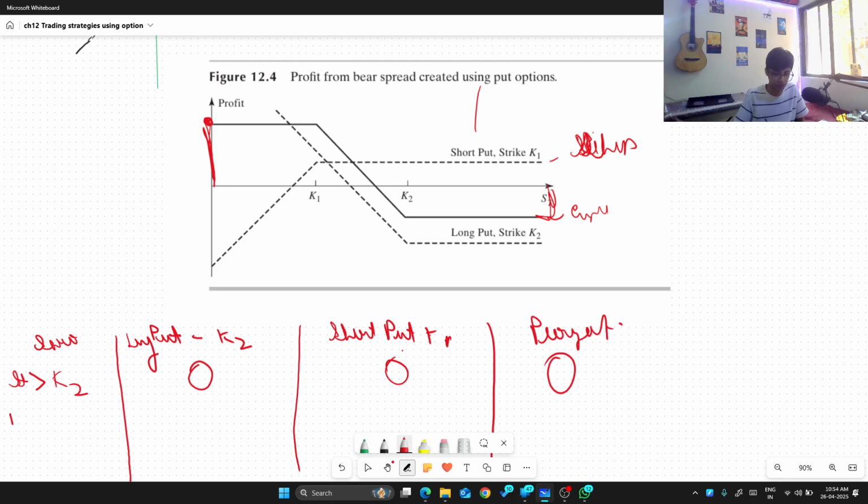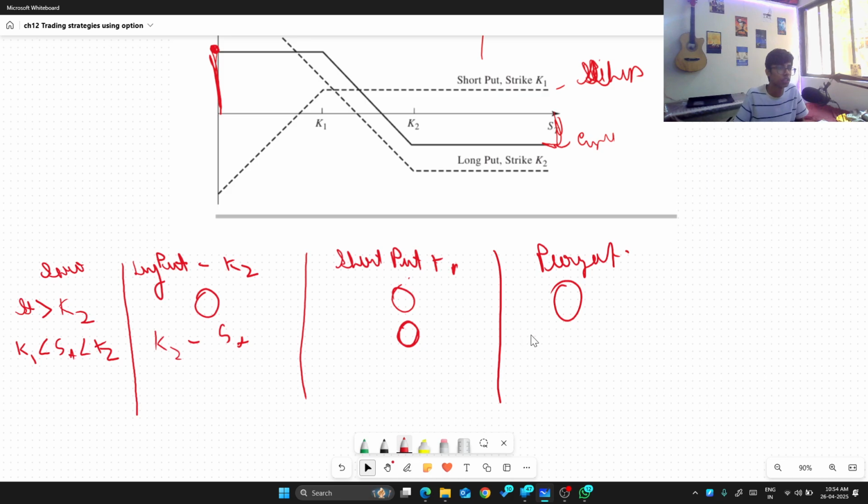If ST is between k1 and k2, it is lesser than k2, so the long put payoff would be k2 minus ST, and the short put payoff would be 0 because ST is not less than k1, and the total payoff would be k2 minus ST. If ST is smaller than k1, the long put would be k2 minus ST, and the short put would be minus k1 minus ST, because we shorted it.